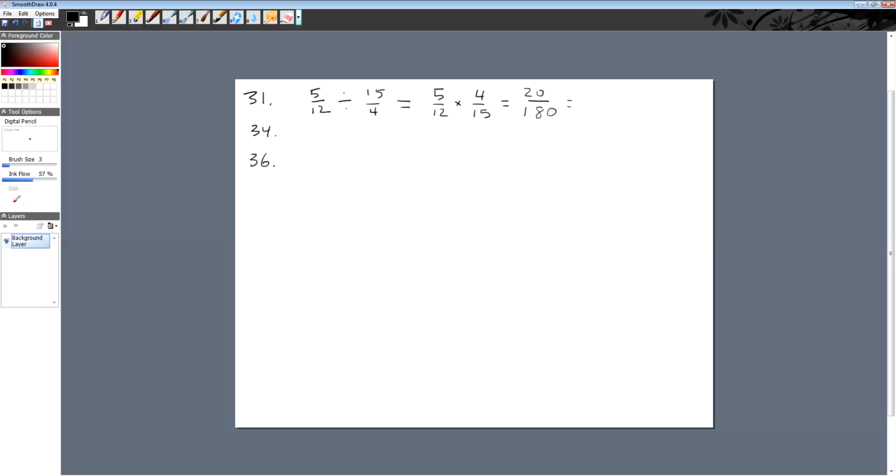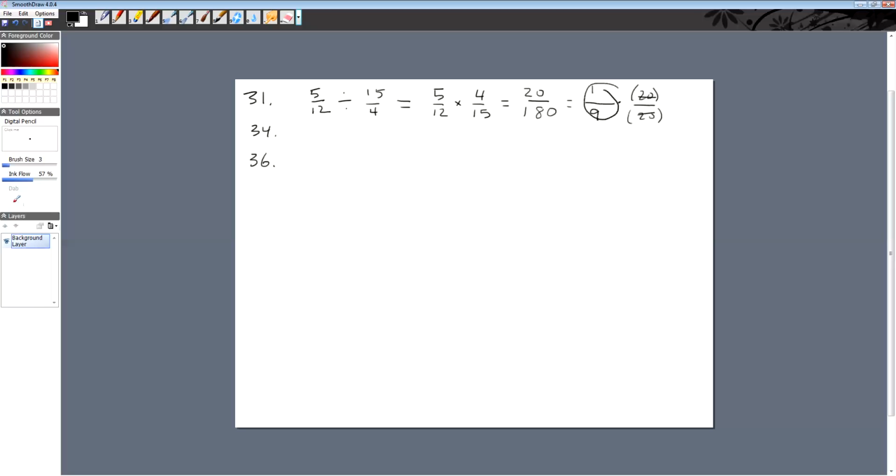So 180 and 20, just by looking at those, you can see that those are divisible by 20. So 1 over 9 times 20 over 20. Any number divided by itself is 1, so our solution is 1 over 9.